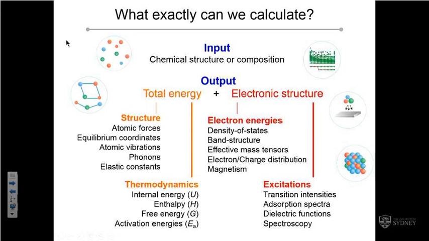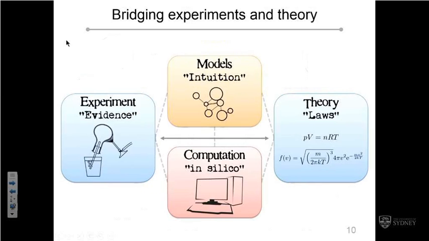So where does this kind of approach sit? I think it sits kind of in the middle here, right? You have pure theory, pure equations where you derive fundamental laws and things like that. And over here you have experiment where you're actually doing experiments. In the middle here, you can think of the computation, and it's also combined with a bit of intuition.